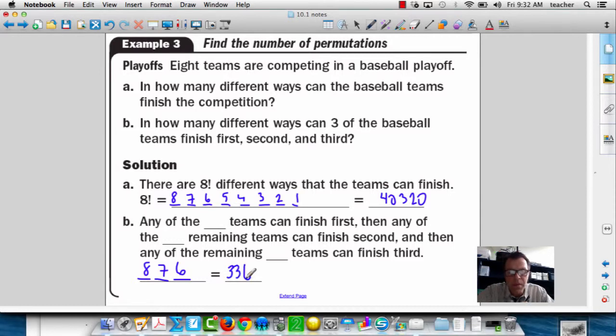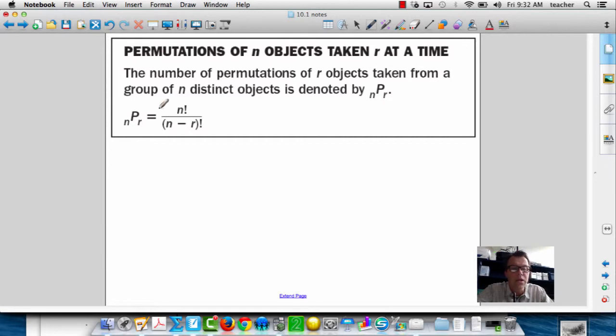And that answer, of course, is going to be smaller, it's 336. And that brings us to the formula for permutation. Pretty fancy formula, right? Definitely want this on your note card. And what happens here is, we could do the last problem we just did, where it's saying the number of permutations of r objects taken from a group of n distinct objects.